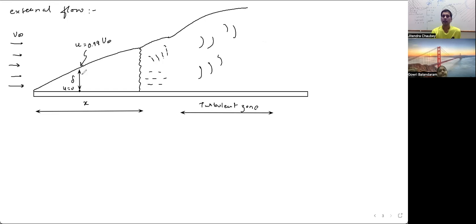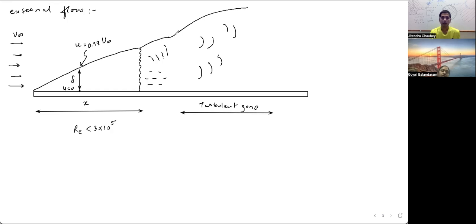So why are we studying this? To understand that in this case, the Reynolds number Re is not in the range of thousands. It is in the range of lakhs. So here Re is less than 5 into 10 raised to 5. Here it is in the range of 3 into 10 raised to 5.